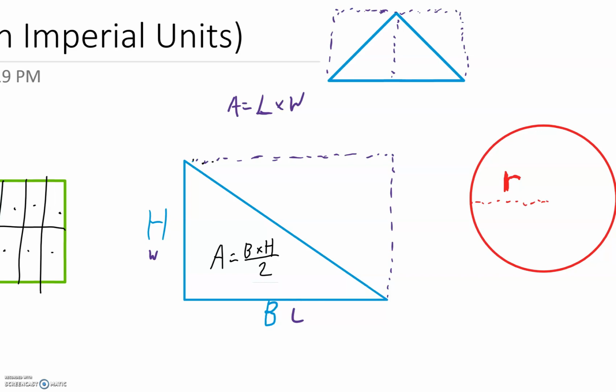There you go. So there's two separate rectangles, and so this would be half of this side, and this would be half of this side. So it'd be multiplying this side and this side, which is the height and the base. So hopefully that makes a little bit of sense.